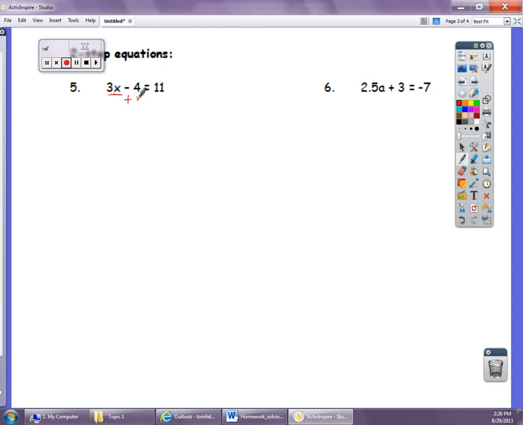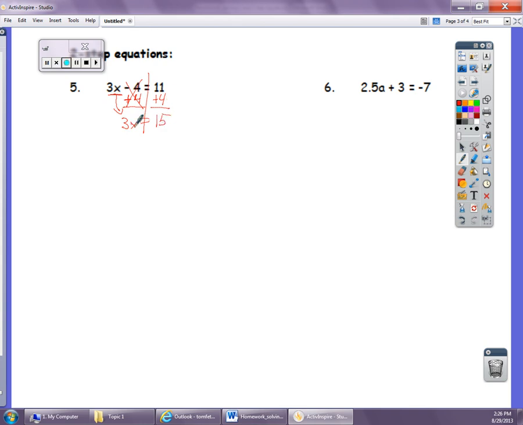So we want to add 4, because negative 4 plus 4 is going to give us 0, so they're going to cross off. And once again, what we do to one side, we have to do to the other side to keep our equation balanced. So I cross this off, so now I can bring down 3x, 11 plus 4 gives us 15.